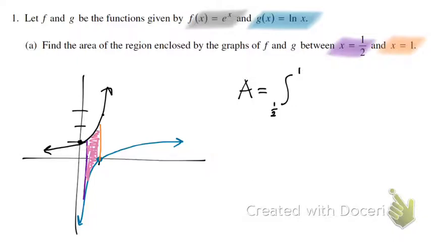But I'm going to get in the habit of writing f of x because later on, when our equations are not so easy to write, and if you miss one thing, like a plus sign or a minus sign, or you accidentally write a 3 instead of a 2, it's going to mess you all up because they have to mark you wrong if you write the wrong thing. So that's why I would say just call it what its name is. So since e to the x is called f of x, I'm going to call it f of x. So it's top function minus bottom function, f of x minus g of x, dx. That is the work for this problem. If you have that on your paper, you're getting full credit for the work.